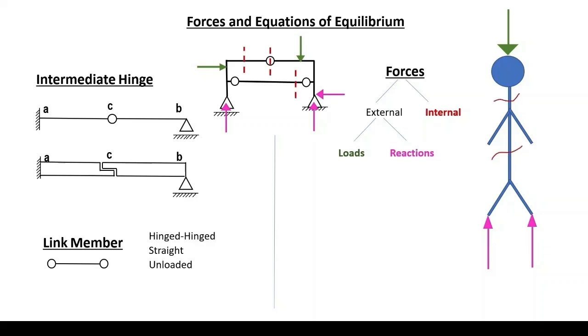The cut here is represented by the different cuts on our frame here. So, to sum it up, the external forces are green loads and purple reactions. Internal forces can be deduced from the red cuts we have in the frame.